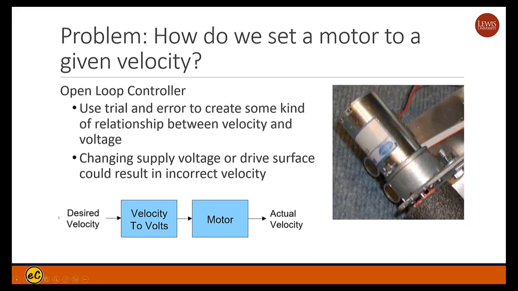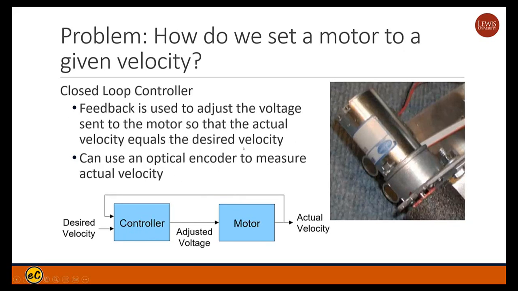Open loop means you just give the desired speed and see whether you can reach it or not, because there's no feedback. You have no way to tell how fast it really is. You just have input and output. So this is open loop control. Closed loop control is where you measure your actual speed and adjust your controller to control your motor.